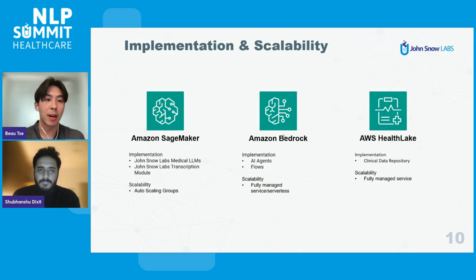So Shubhanshu gave great examples of how we use these agents within this flow to make sure that we're able to fill out the SOAP form properly. Another feature I want to talk about is the flow. This can be used to build the generative AI workflow using a visual builder with nodes. And this is a great way to help us manage this complex generative AI workflow.